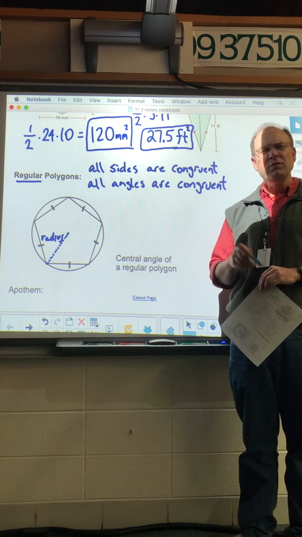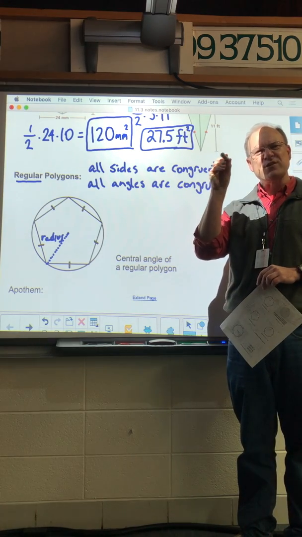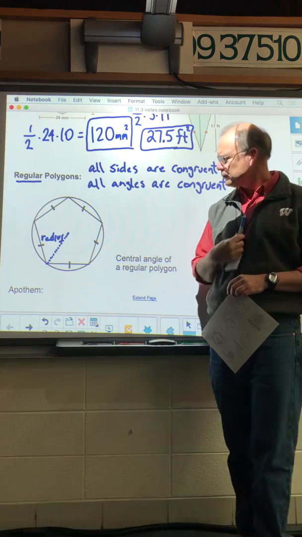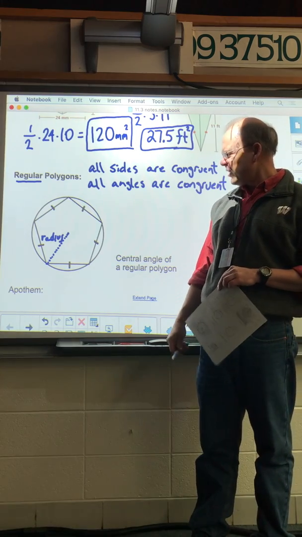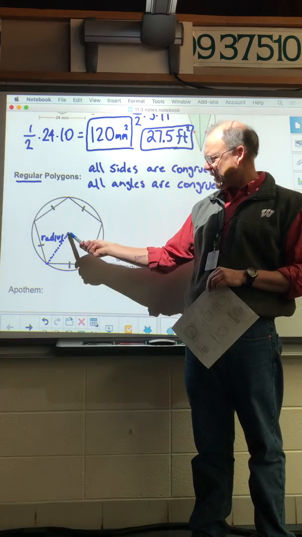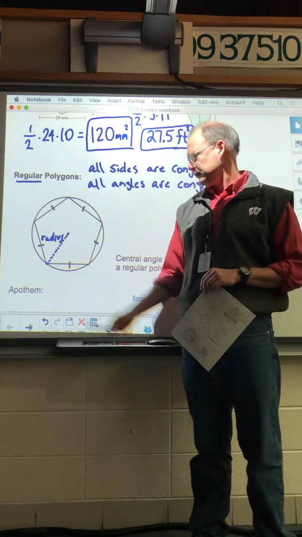Kind of like the circle, the radius went from the center out to one edge of the circle. Okay, so it's a little different with polygons, so it has to go to a corner.